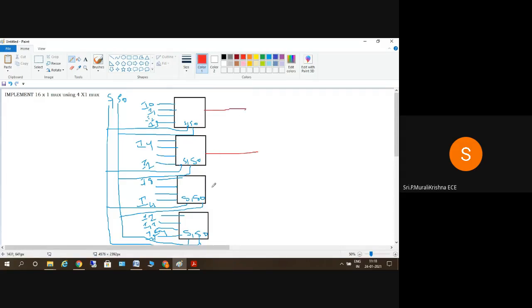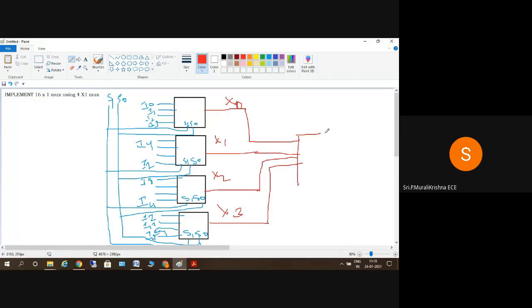I'll name the outputs X0, X1, X2, X3. Okay, so all these are given to another 4:1 multiplexer, because we have 4 additional outputs.